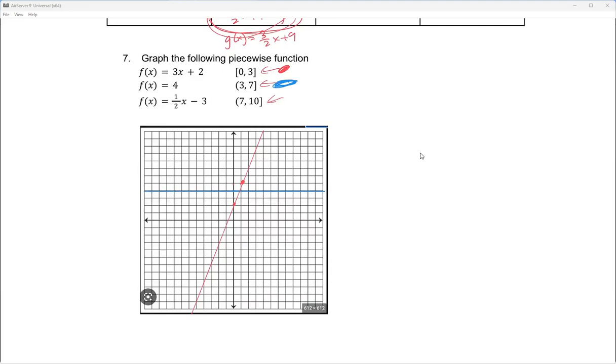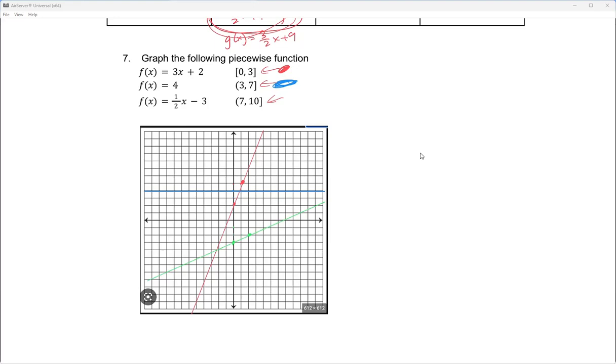All right, and then the last one would be -3. So you go down 3, 1, 2, 3. And you go up 1, right 2. Are we good there so far? Okay.